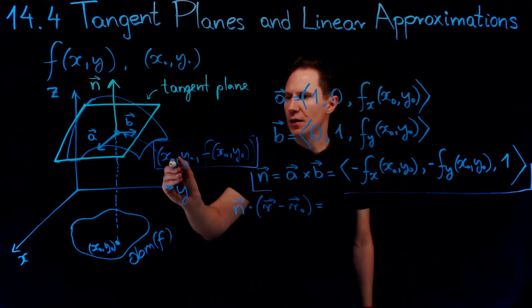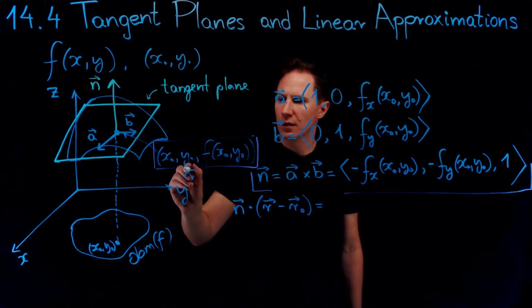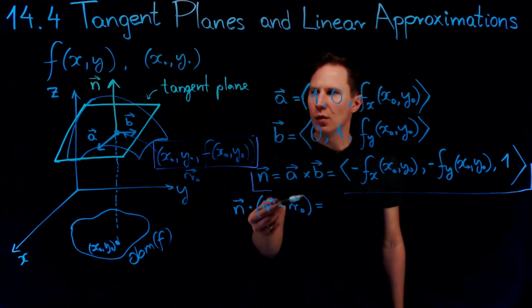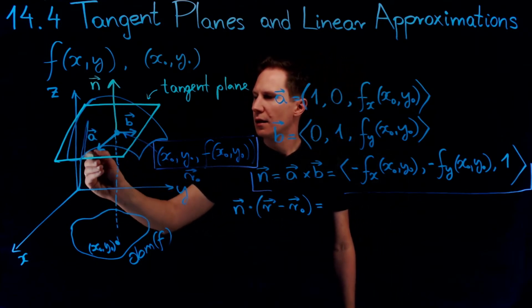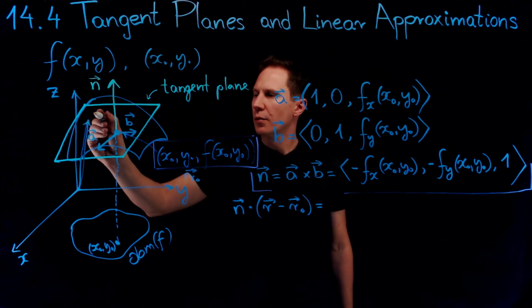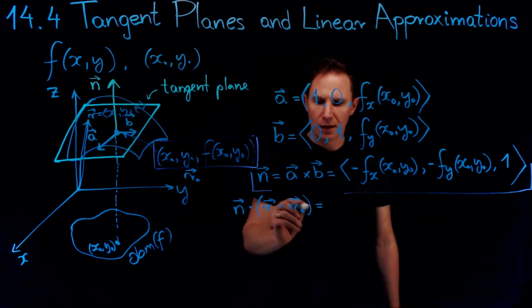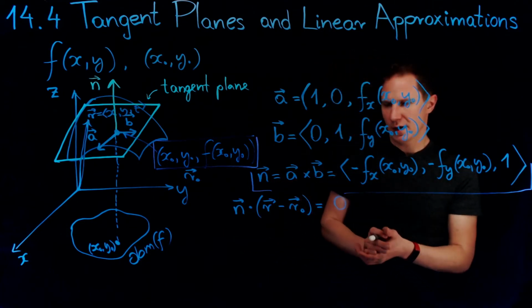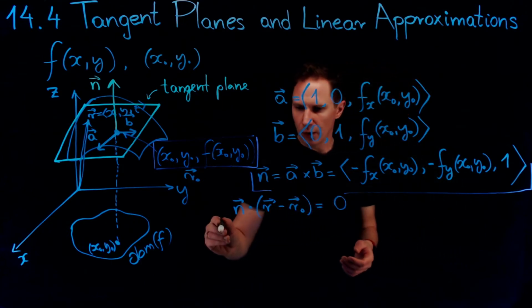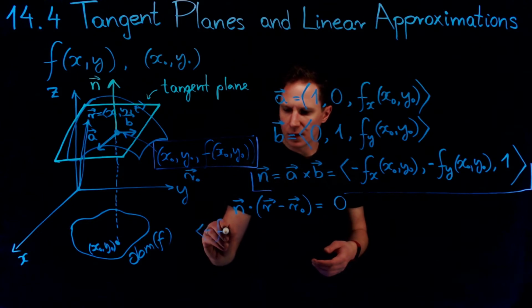If I denote the position vector corresponding to this point r naught, and a general position vector that points to some point on the plane with components x, y, and z, then this relation turns into the following.